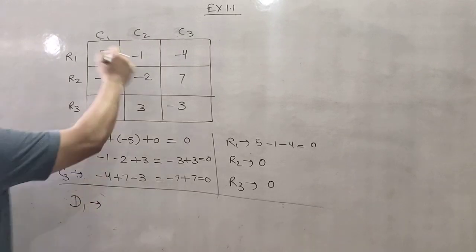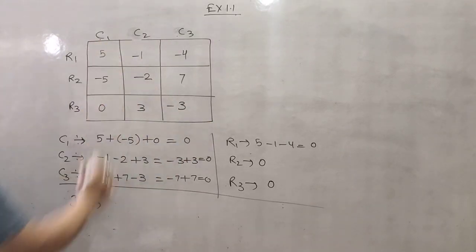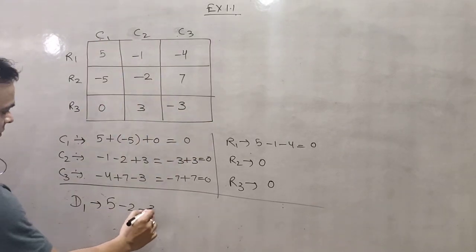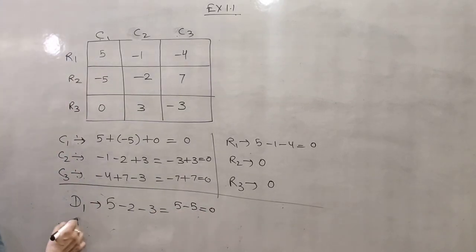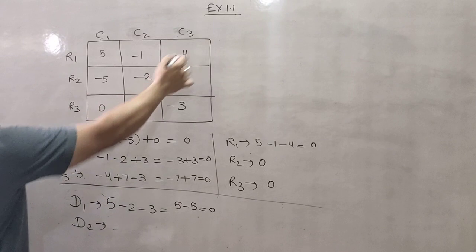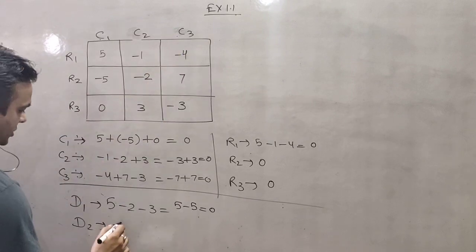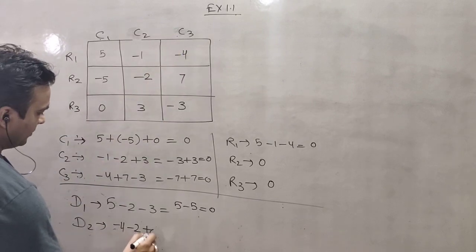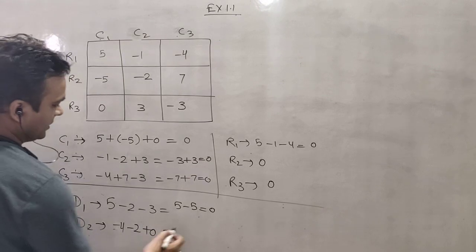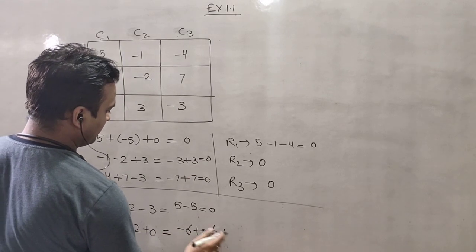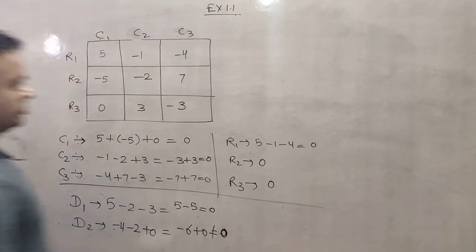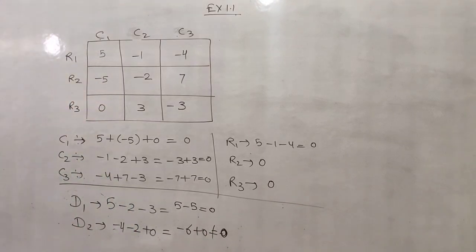Now you will check the diagonals. Diagonal 1, I am taking suppose this one. So 5 minus 2 minus 3, 5 minus 5, it is 0. Diagonal 2, I am taking this. So it is minus 4 minus 2 plus 0. Now you can see it is minus 6 plus 0, but it is not 0. So you can see the magic square is failing here because of this diagonal.